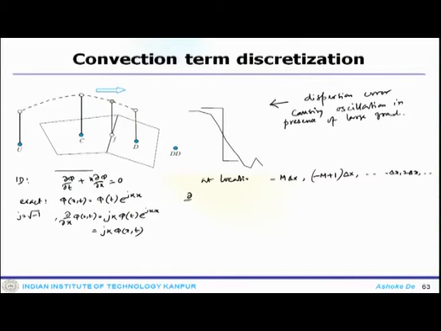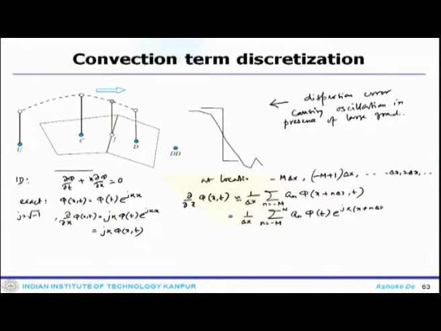Then one can write del x of phi(x,t) equals 1 by delta x summation of n equals minus m to n, a_n phi(x plus n delta x, t), which is nothing but 1 by delta x summation n equals minus m to n, a_n phi(t) e to the power j k (x plus n delta x).